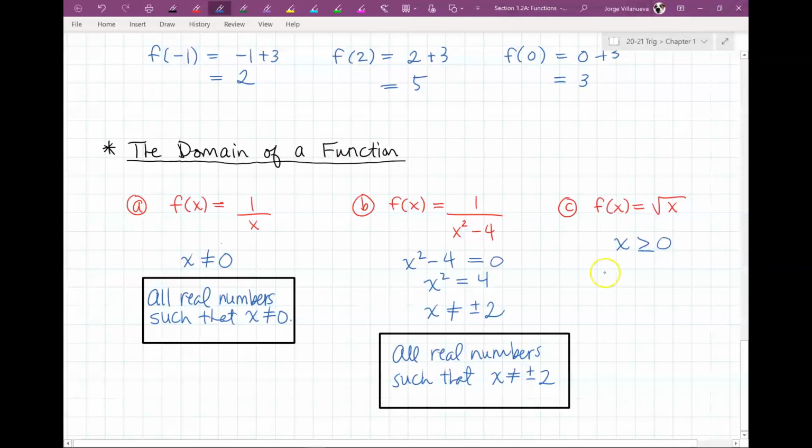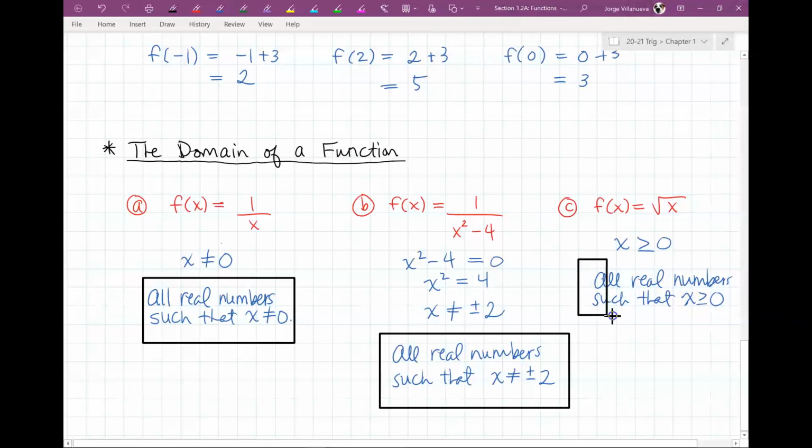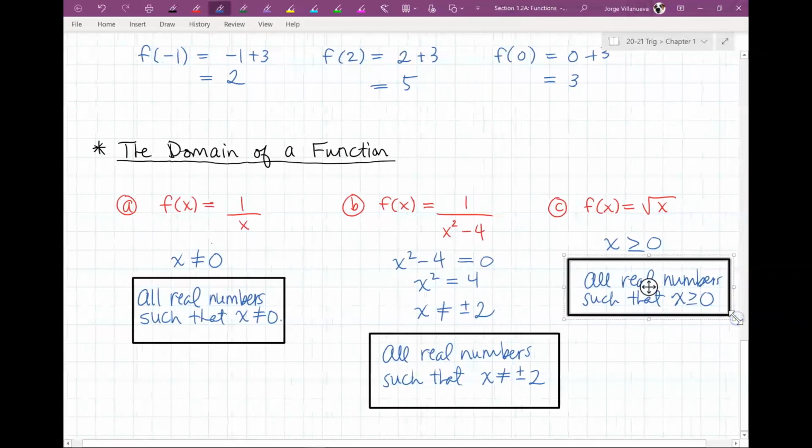So we're going to say it's all real numbers such that x is greater than or equal to 0. And we'll put that here. And that's our solution.